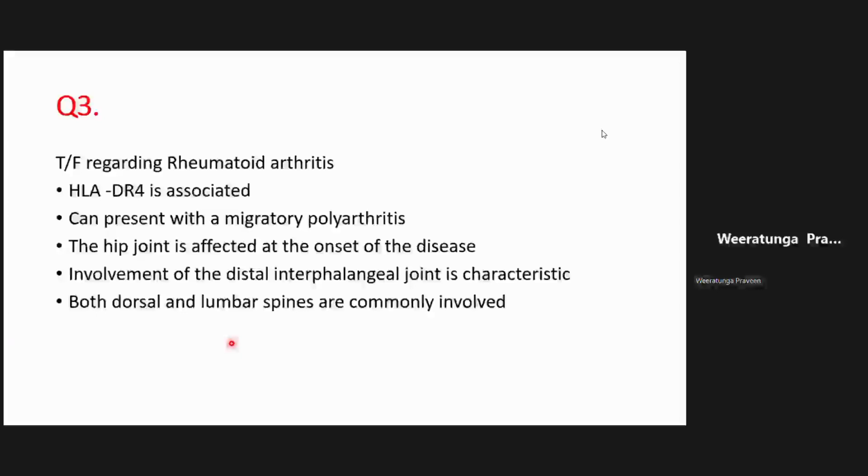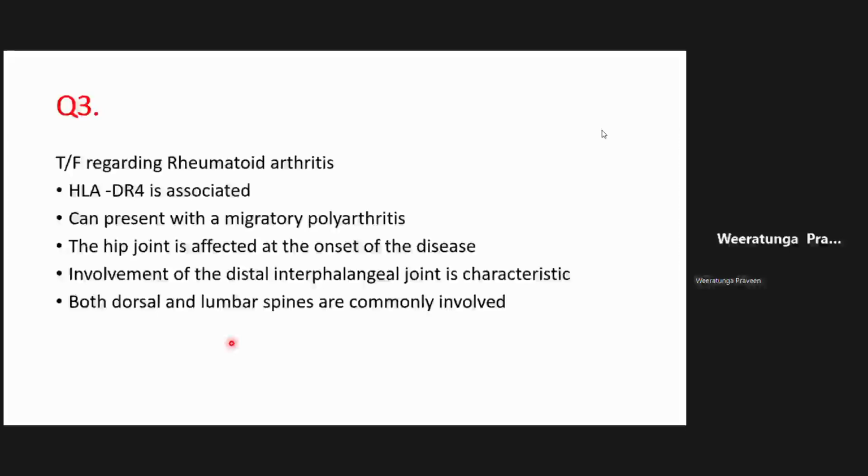Now, in rheumatoid arthritis, there are some joints that are spared or more or less spared. Remember that the hip joint is very rarely affected, usually not affected. Another joint that is not affected is the distal interphalangeal joint. So remember that.